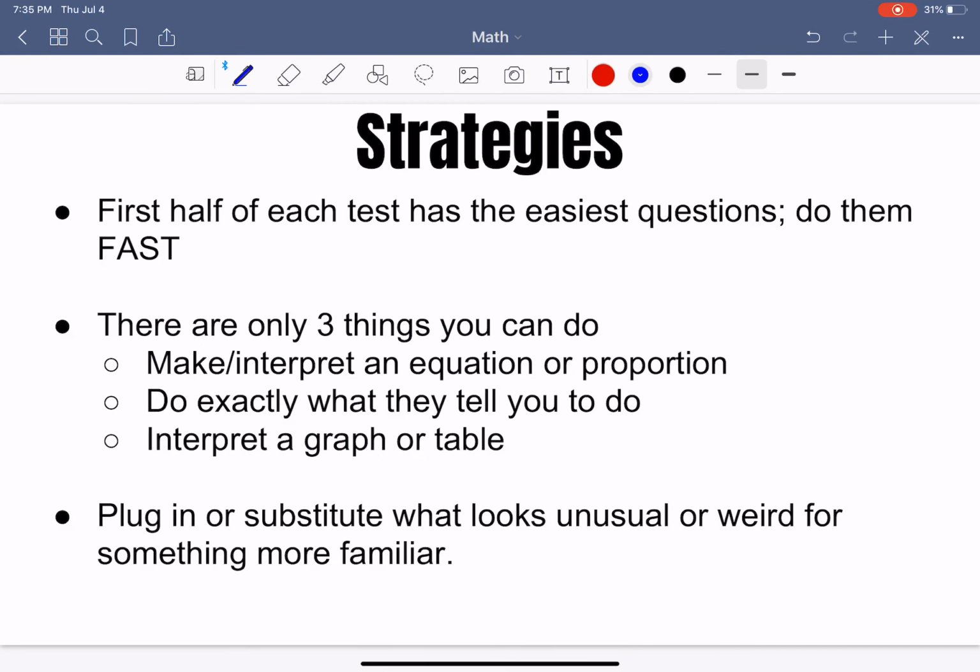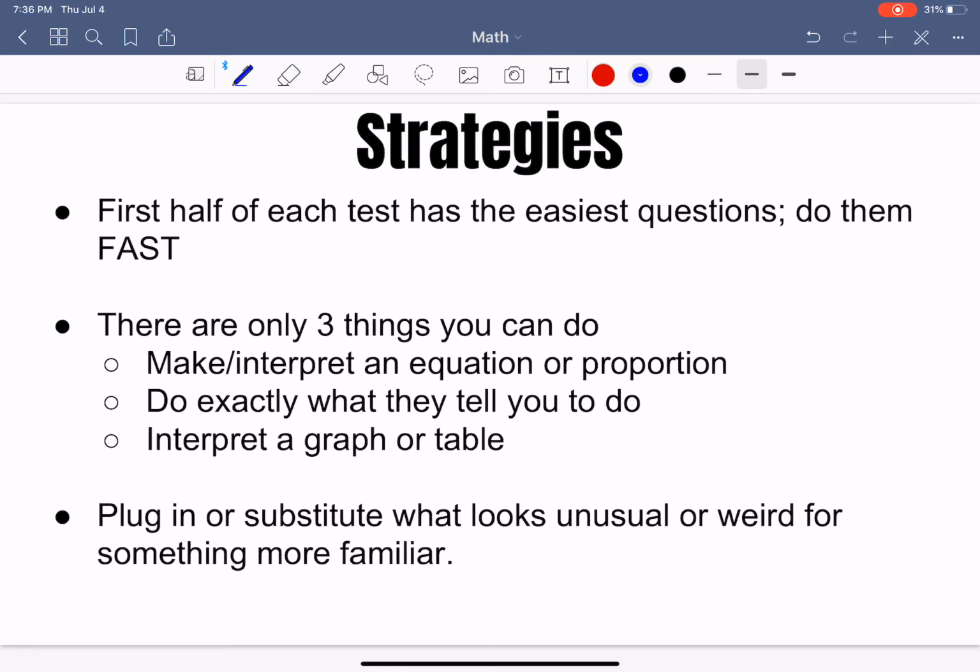So here are some strategies for the math section to hopefully make it easier for you. The first half of each test has the easiest questions, so do them as fast as you can. Don't spend a lot of time thinking about those. Don't start psyching yourself out, thinking oh my god, this was so hard, because those are the easiest ones, I promise. Once you practice more, once you become really confident with the topics that you need for the SAT math section, and once you do more practice tests, then you'll be more confident.